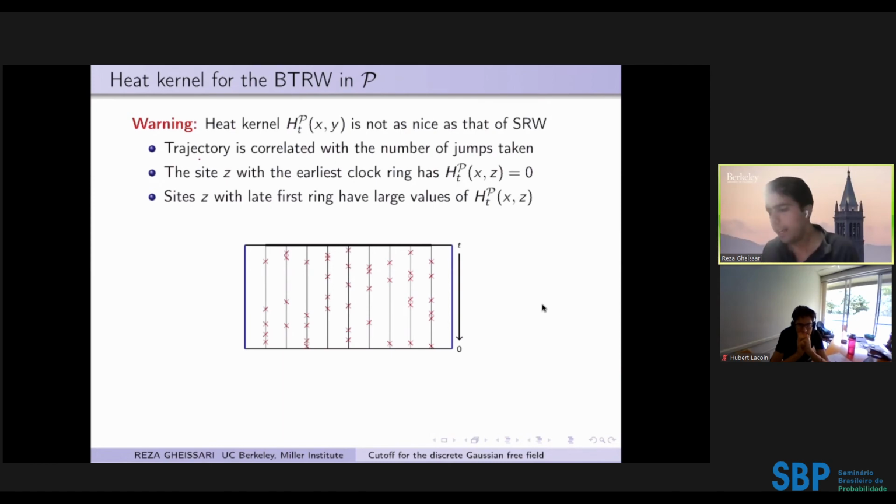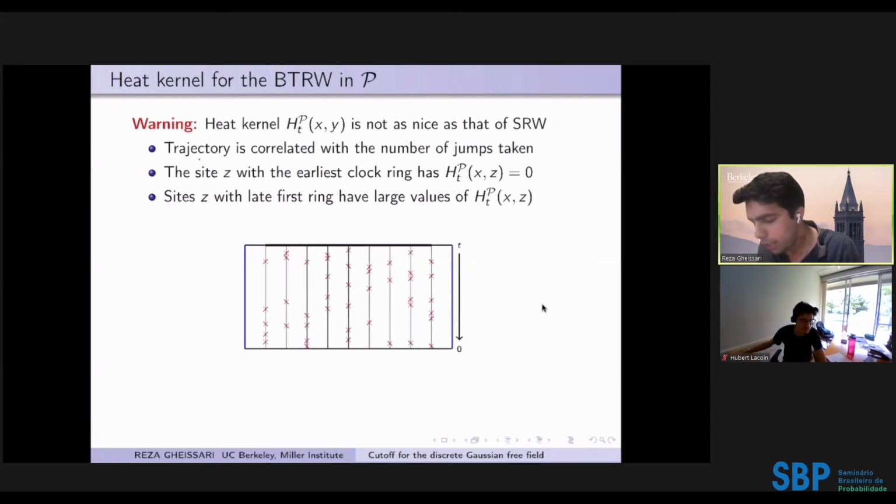But the key thing is that the trajectory is correlated to the number of jumps. So you want to use the fact that the number of jumps concentrates well, but it's related to where you actually ended up, okay? For instance, if there's a region that has a lot of clock rings, you're going to move at a faster speed out of that region typically, because you're going to make more jumps in that region.